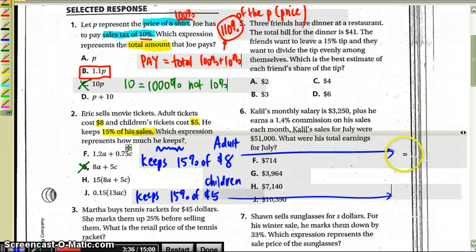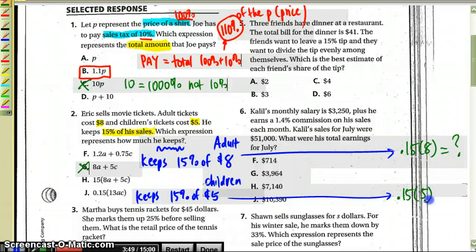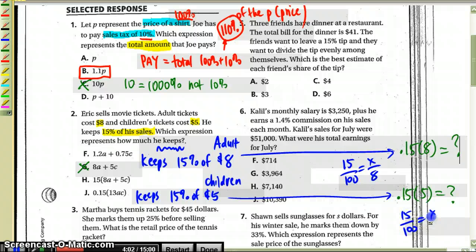So if I take 15%, 0.15 times 8, what will I get? If I take 0.15 times $5, what will I get? Or in a proportion, if I take 15 over 100 equals x over 8, or 15 over 100 equals x over 5, what will I get?